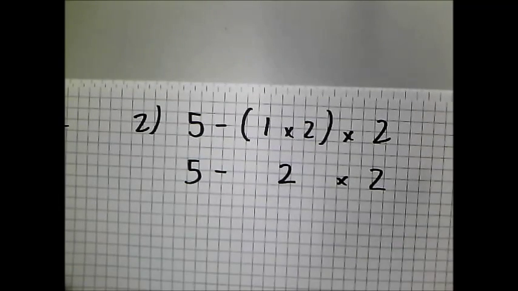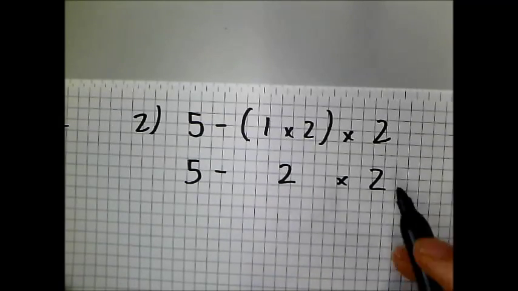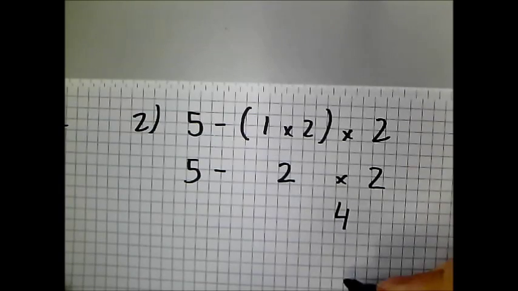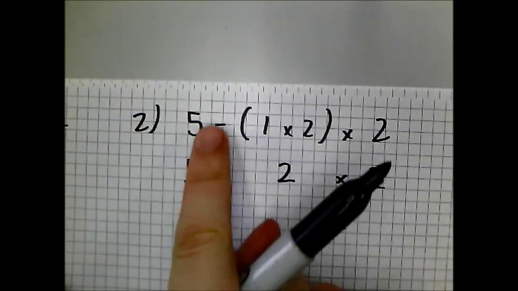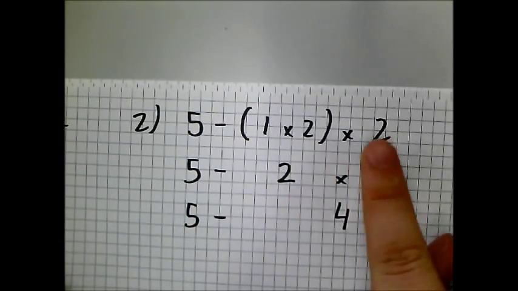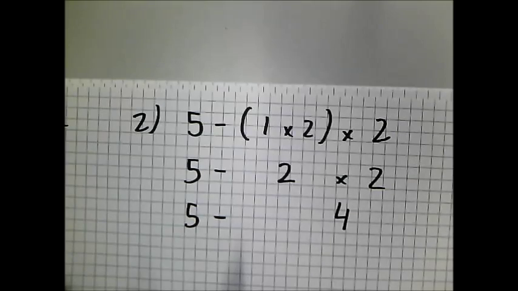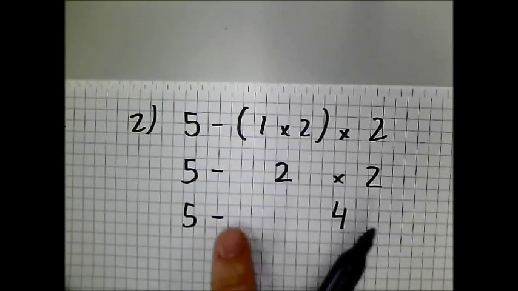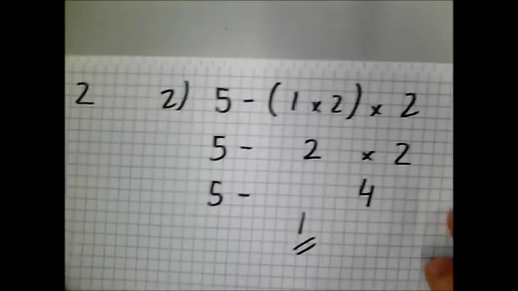I've done my brackets, there aren't any powers. I've now got a multiplication or division here, so this bit comes next. So 2 multiplied by 2, that becomes 4, and the 5 subtract comes down. And notice how I'm keeping everything in line. It's very important that we do that. And I don't try and rearrange the sum. I'm now left with 5 subtract 4, that gives me 1.